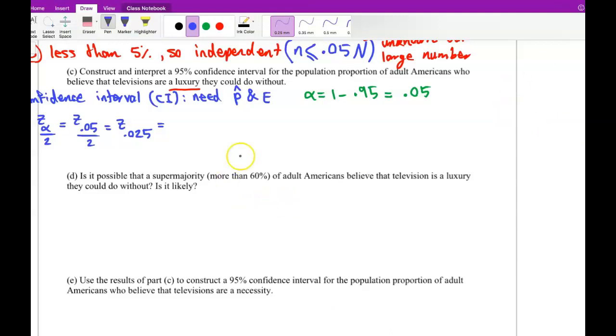So first, let me try this. Okay, so we have 95%. What that means here on left and here on right, we have 0.025.